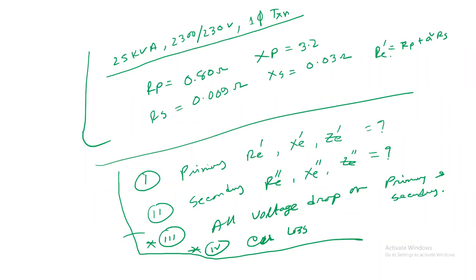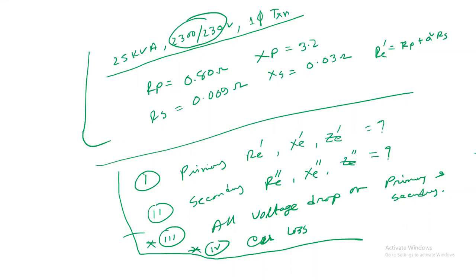What is the A, sir? A is the ratio, primary by secondary. This is the ratio, 10, because this is the division, 1:10 maybe. Ratio 10. Clear? This is the primary and secondary turns ratio 10.